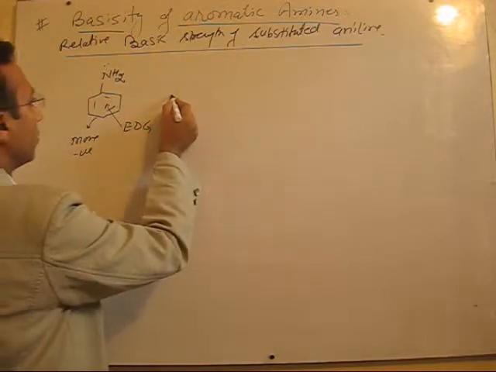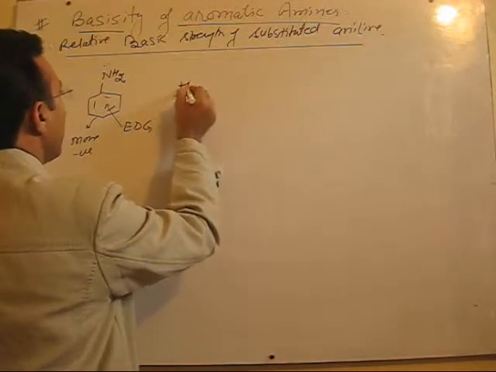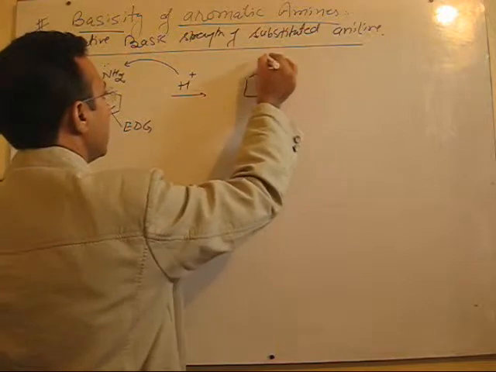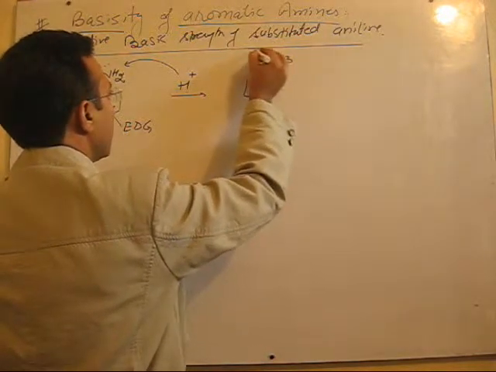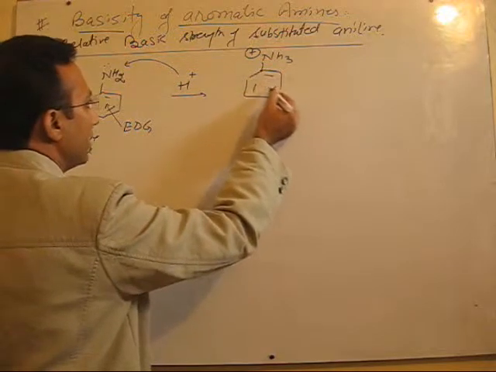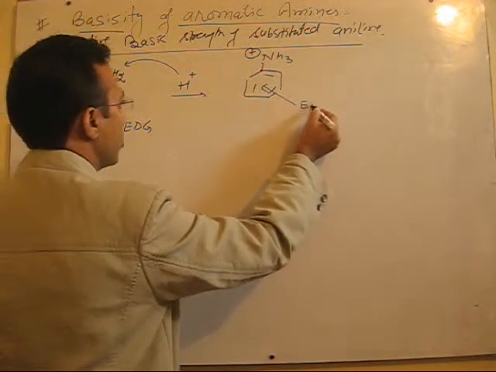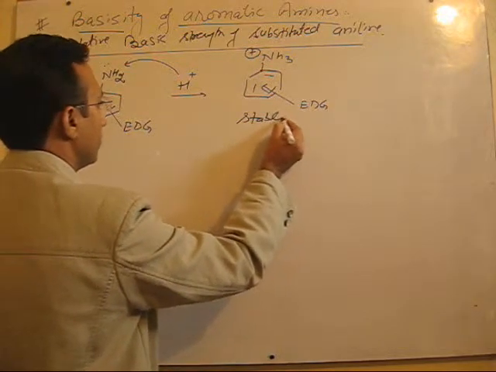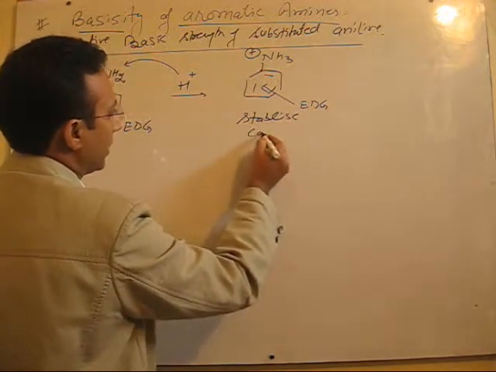Fine. And moreover, if you see after attack of H+, on the product side the cation form, that is this, which is electron deficient. So these groups, if present, electron donating groups, they are going to stabilize the cation.